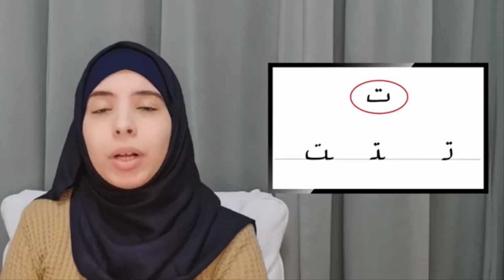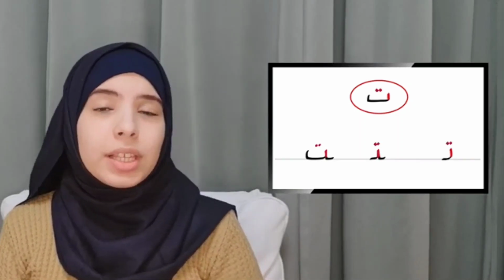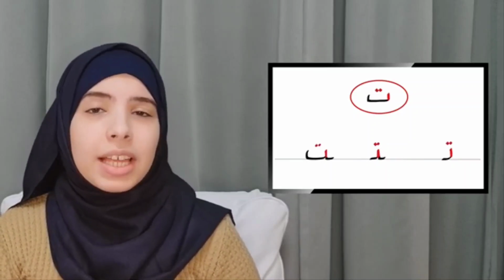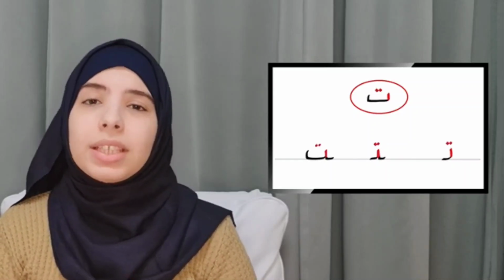The common thing among all of these shapes is the tooth and two dots on the top. Always remember, ta has two dots on the top. Ta, two, top.